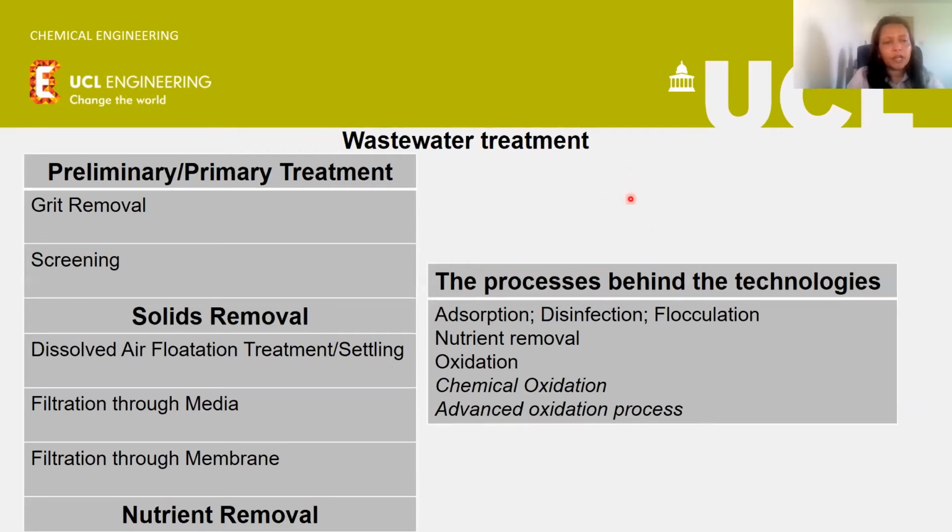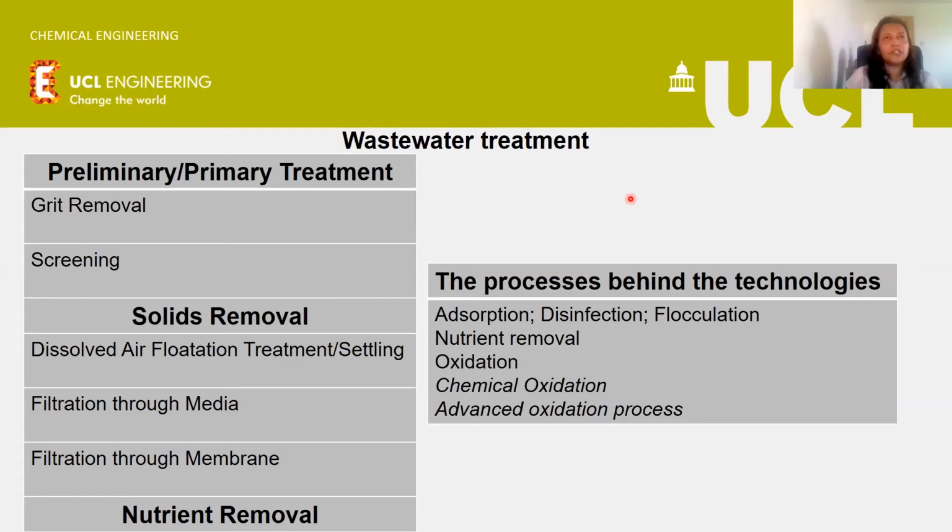So when you think about wastewater treatment beyond nature-based solutions, if we move into a treatment plant, there are some preliminary treatment methods before we move into secondary and tertiary treatment methods. Preliminary treatment methods include grit removal and screening.